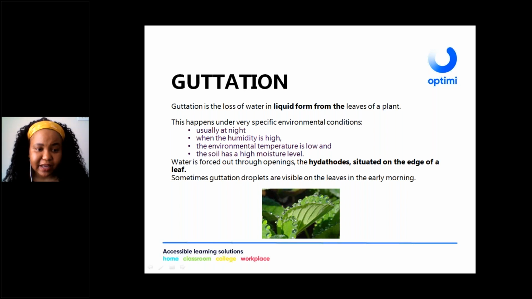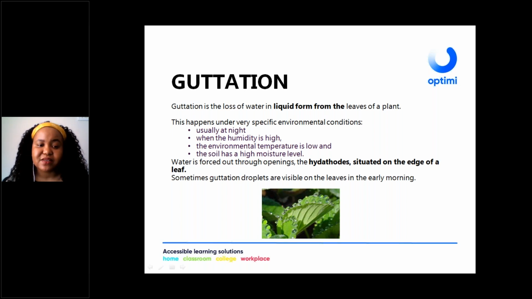It usually happens at night. We've seen that transpiration happens during the day because the stomata only open during the day. So guttation normally takes place at night, and it happens when the humidity is high. That's another difference from transpiration, which decreases when humidity increases.